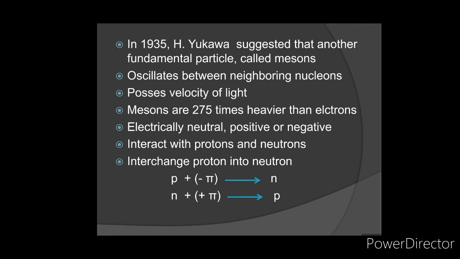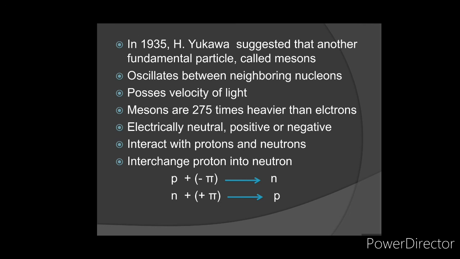The interaction of protons and neutrons is given in the form of equations. When a proton interacts with a negative meson, the proton gets converted into a neutron, and when a neutron interacts with a positive meson, the neutron gets converted into a positive proton.